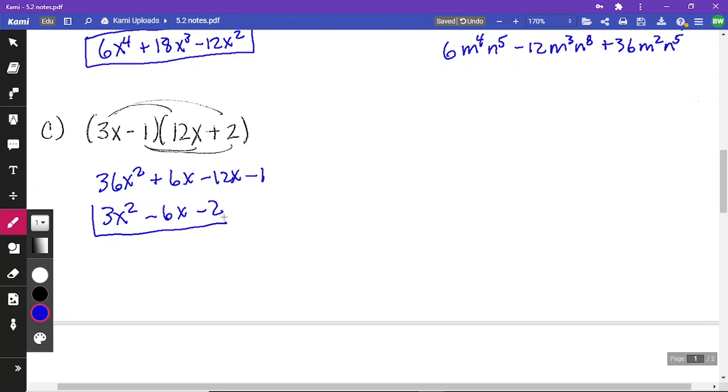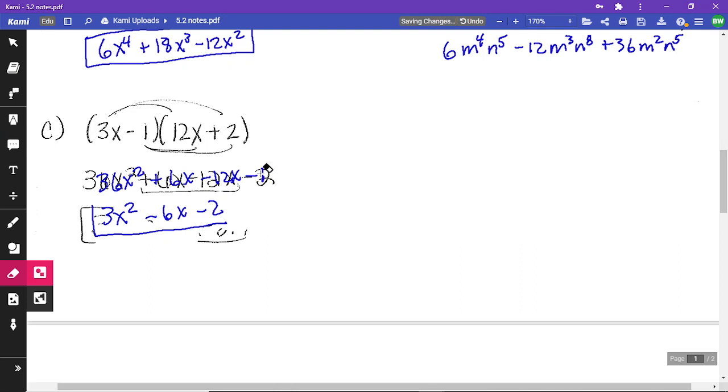Let's see. I wrote this down wrong up above, didn't I? This should have been minus 2. Whoops. Oh, I won't be able to do it that way. Let me hold on here. There we go.